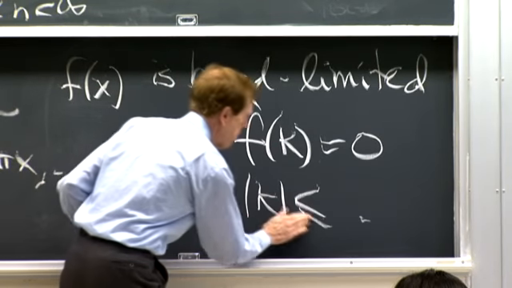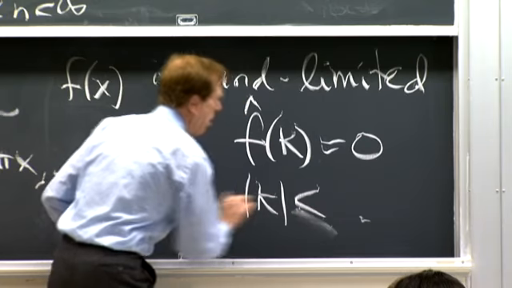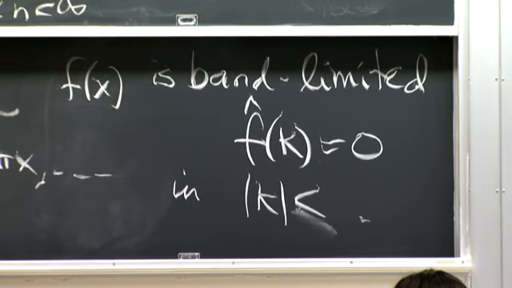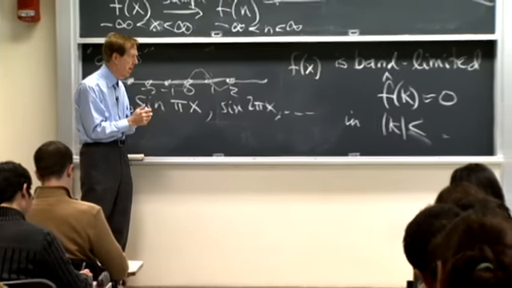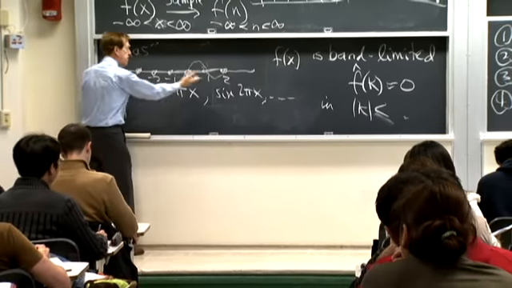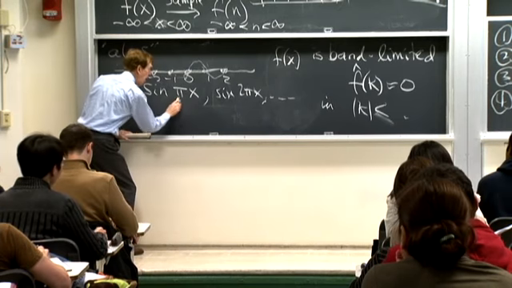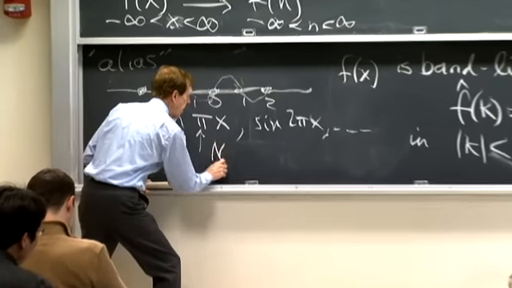Let's not even put equal in there, but at least that's not critical. So band limited, I have to tell you the size of the band. And the size of the band, the limiting frequency, is this famous Nyquist frequency. So Nyquist is a guy's name. And the Nyquist frequency in our problem here is pi. This is the Nyquist frequency.